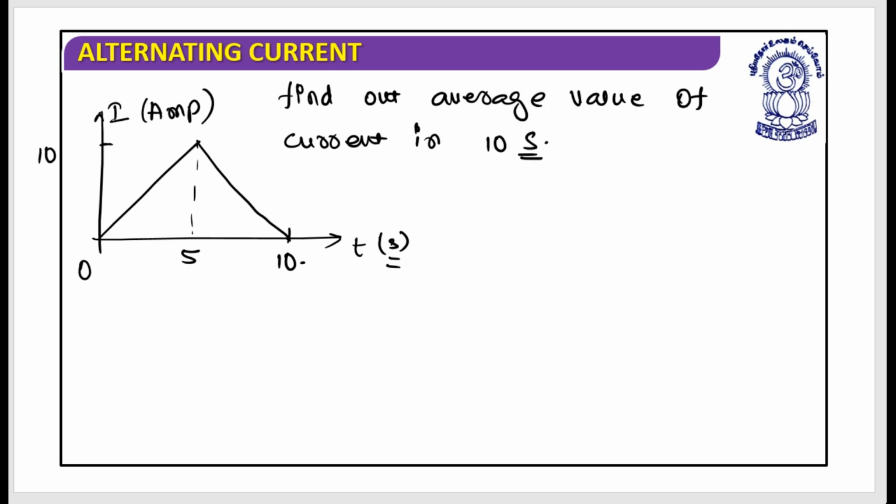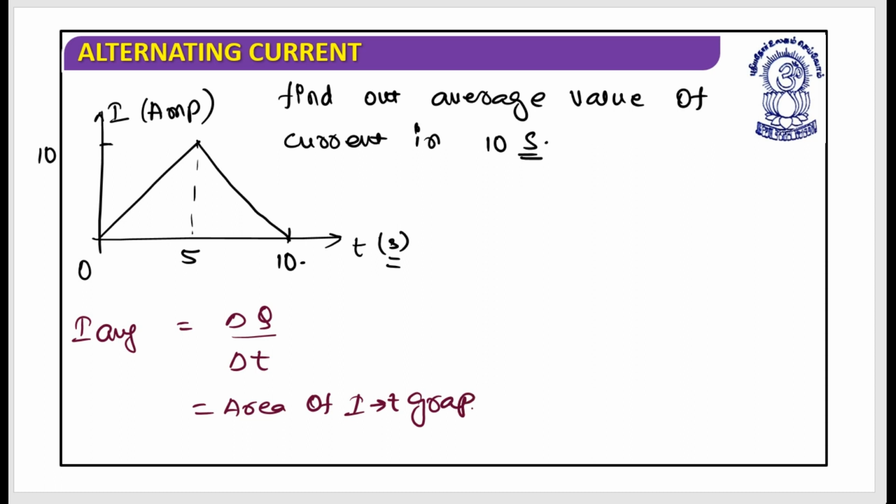When I try to find this I average, I should write it as delta q by delta t. Now delta q is the area of the I versus t graph, divided by delta t.